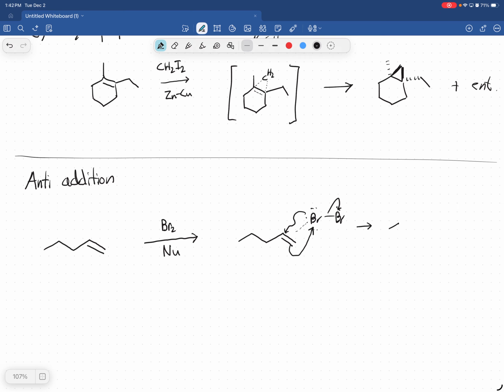And we get something we call the halonium intermediate. It looks like an epoxide, except you have a bromine atom doing some weird chemistry like that.